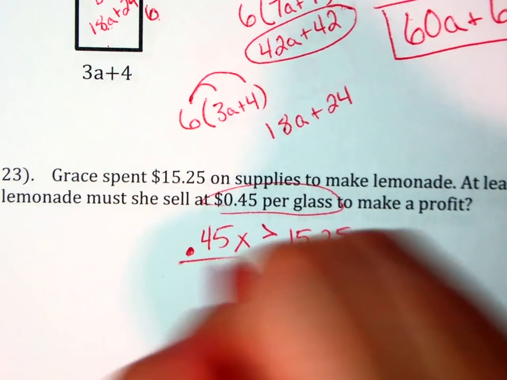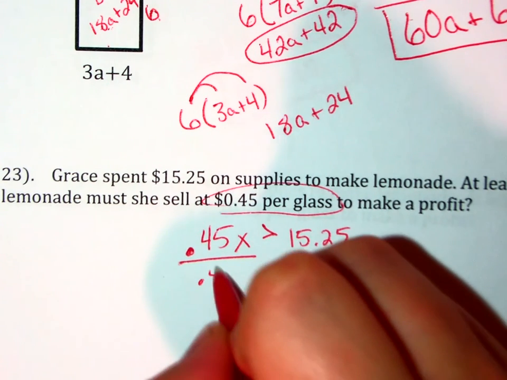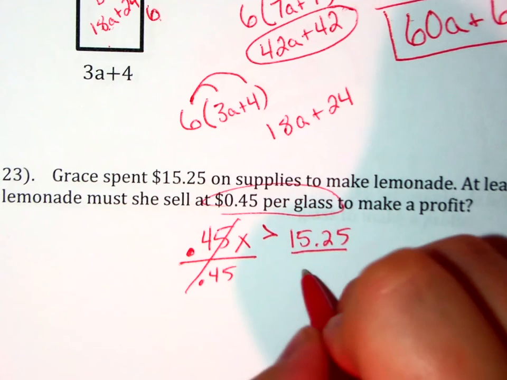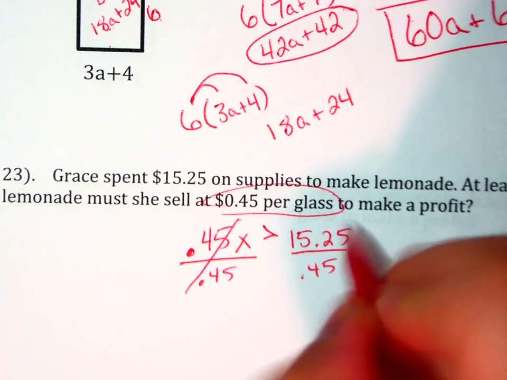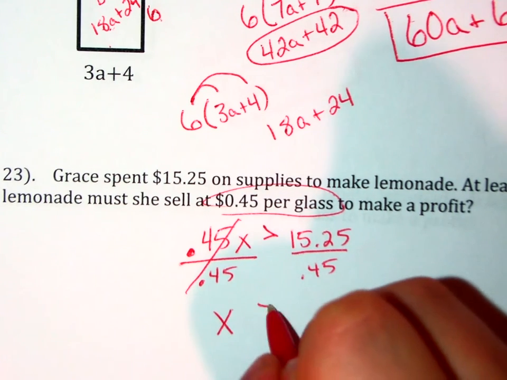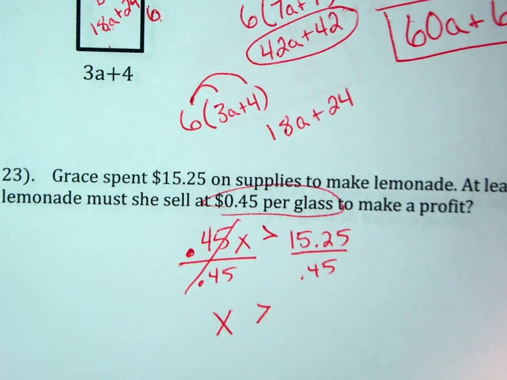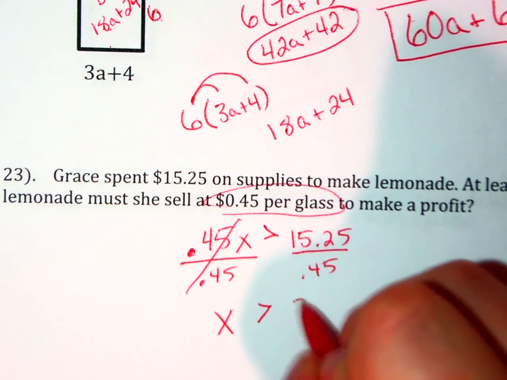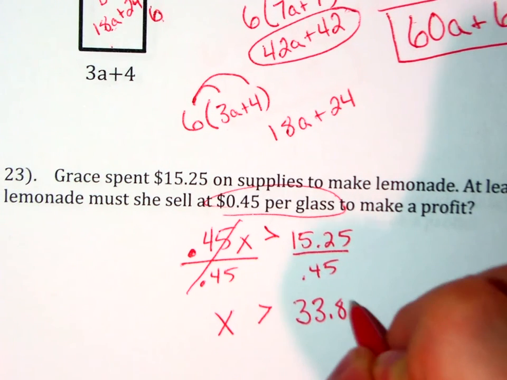So if I divide both sides by 0.45, it cancels out there. Divide this side by 0.45. X is going to be greater than 33.89.